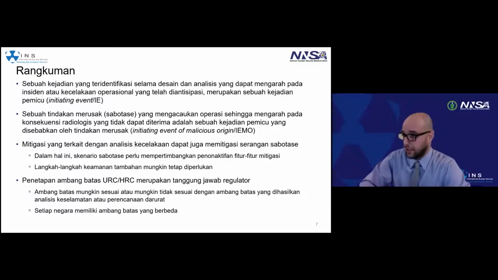The next thing is: mitigation associated with an accident analysis may also mitigate a sabotage attack. This is true. Even though at the beginning, when we're performing our safety analysis, we're more worried about the technical side or the things that can go wrong from a technical standpoint, looking at those things from that side could also avoid sabotage, and vice versa.